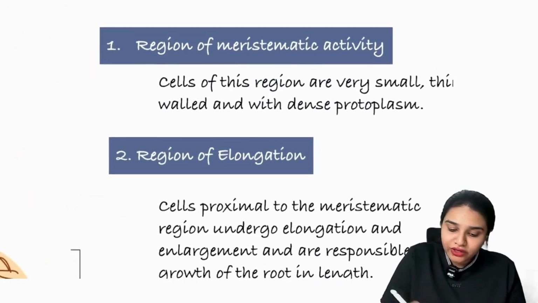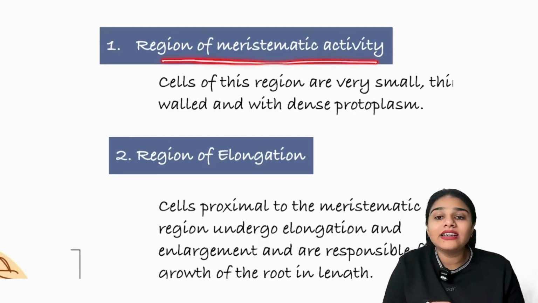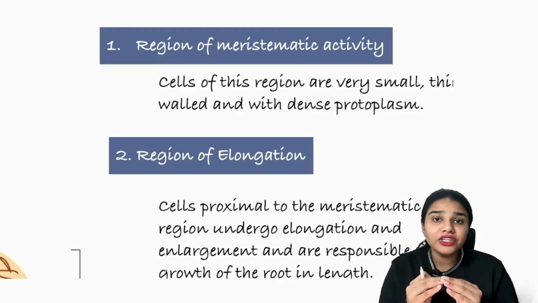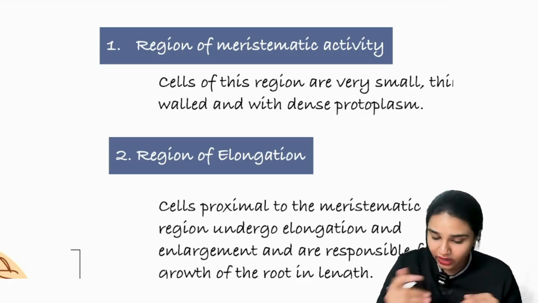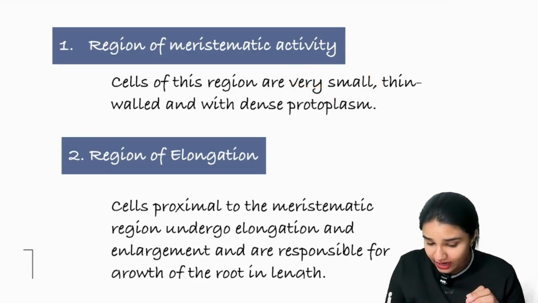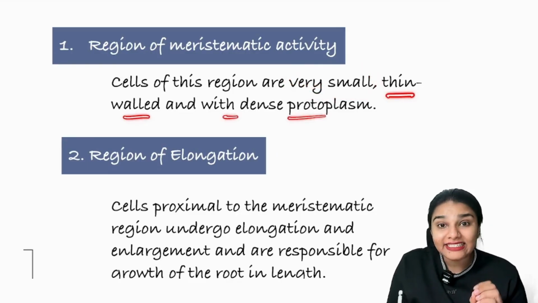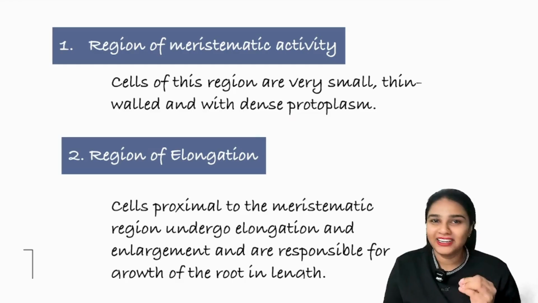The first region that I told you was the region of meristematic activity. This region is just after the root cap. Cells of this region are very small, thin walled with dense protoplasm, and they are actively dividing. Clear?